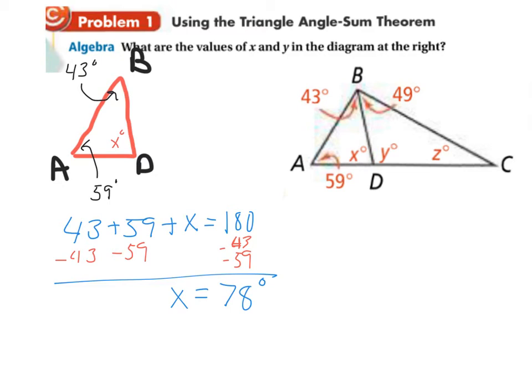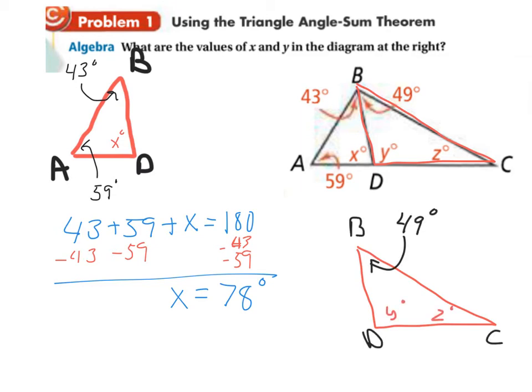Now let's look at triangle BDC. Let's pull that triangle out so we can look at it individually, and we'll have to fill in our values. Looking at triangle BDC, it looks like we have two variables, but we do know that if we were to extend this side AD here, this value X is 78 degrees.